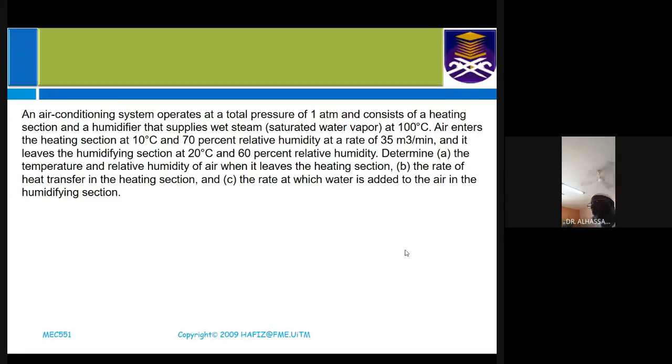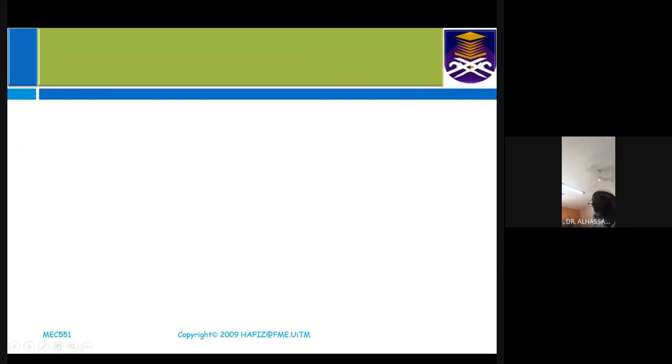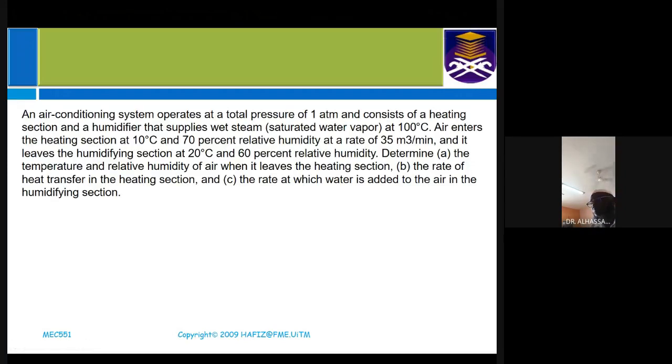It consists of a heating section and a humidifying section. First, this is our heating section. It means there is heating, so we have Q in. Be very careful. Then the humidifying section, so this is the humidifier.